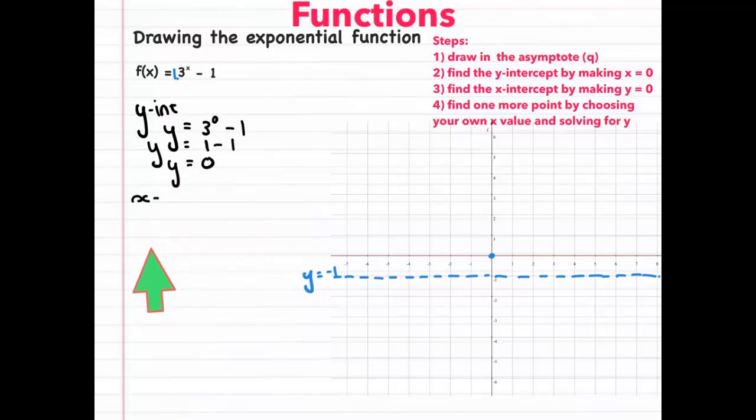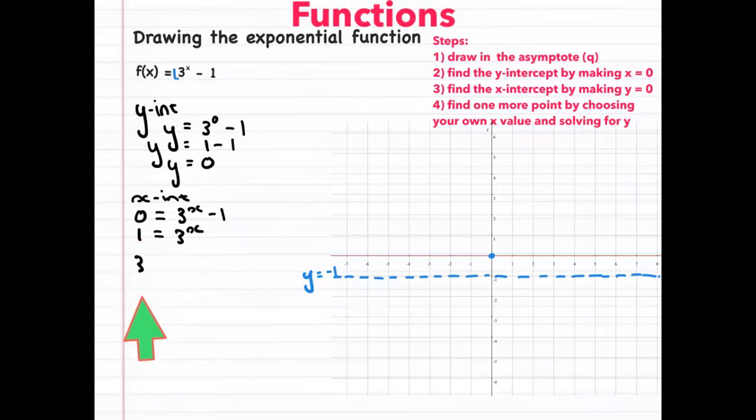So to find the x-intercept, we will say the following. 0 equals 3 to the power of x minus 1. That means take the minus 1 to the other side. It's 1 equals 3 to the power of x. And do you remember exponential equations? We want the bases to be the same. How do I make a 1 into a 3?